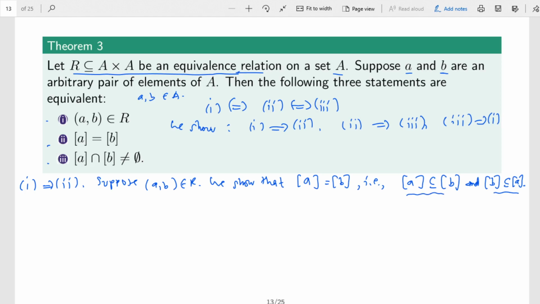So for this one, let c be an element of the equivalence class of a.